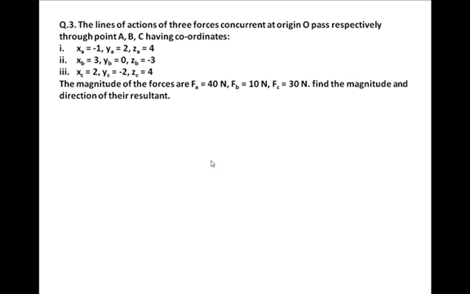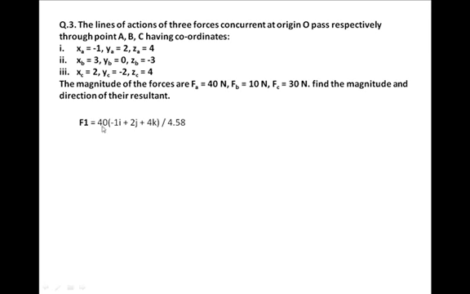What they are saying is each force passes through the origin: the first force passes through these 3 points, the second force passes through these 3 points, and the third force passes through these 3 points. So we will write each of these forces as vectors, as explained in video 1, which you may want to refer to.